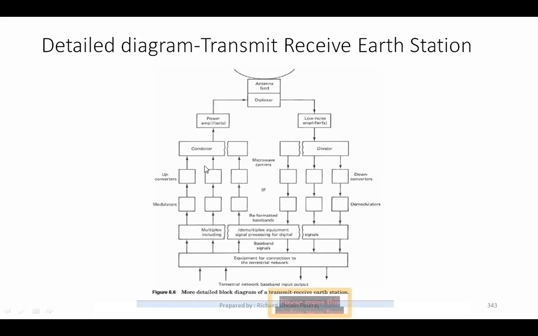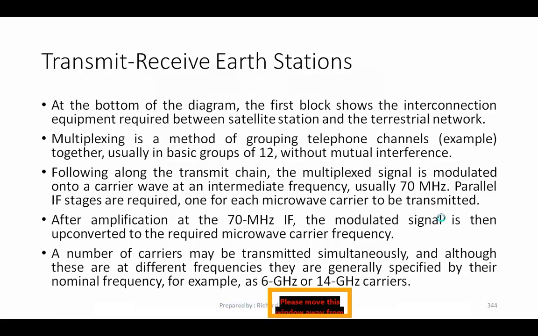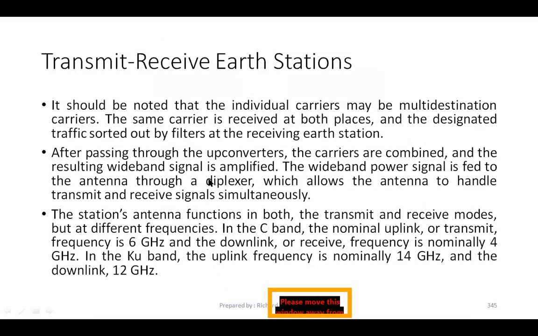And then it gets into a section called the combiner.